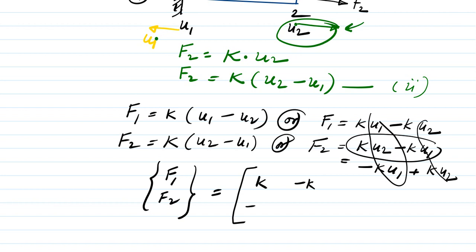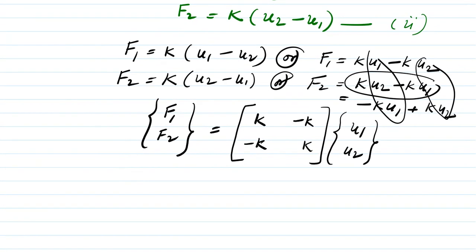So here you get K and minus K, then minus K and plus K, and outside the matrix are U1 and U2, the displacement vector. So this is equal to F equals K U.